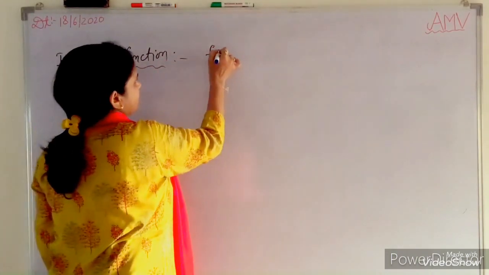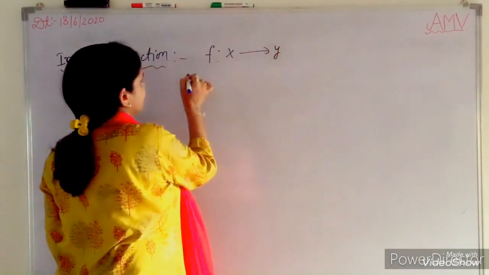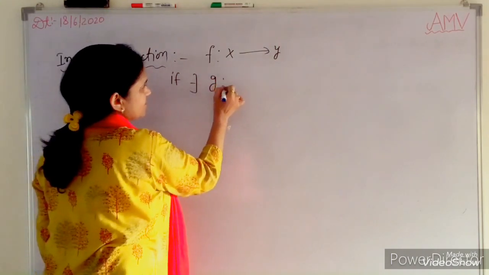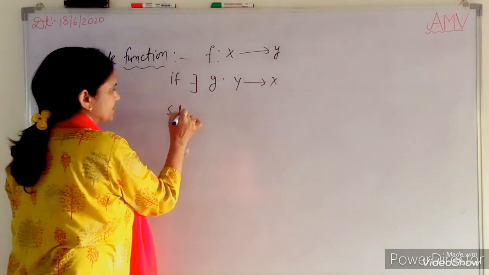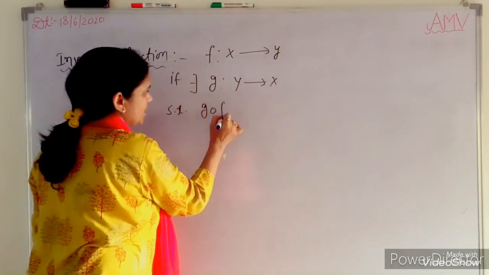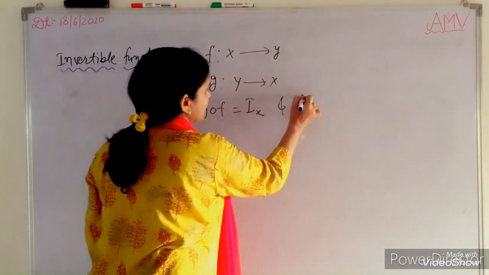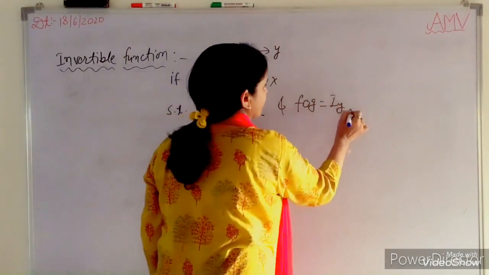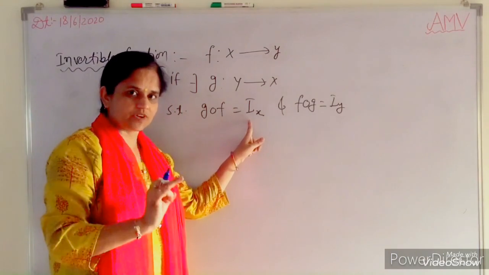Let f be a function defined from X to Y. Then if there exists g, a function from Y to X, such that gof is equal to Ix and fog is equal to Iy. Here, student, I is an identity function.